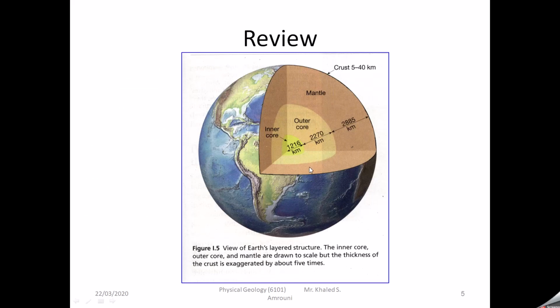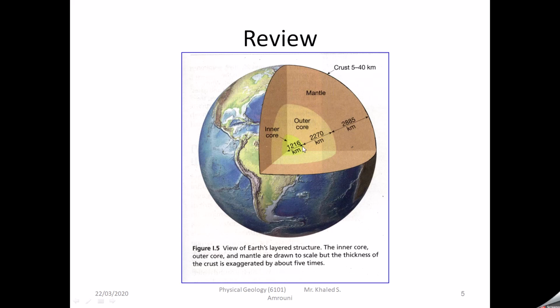We know now from the introduction that the Earth is not homogeneous, and it has 4 different shells: the inner core, which is very solid and iron rich, the outer core, molten material, then the mantle, and the last thing is the very thin crust.